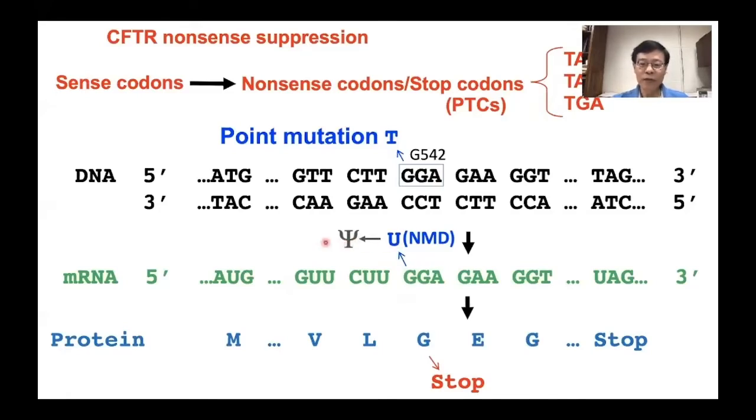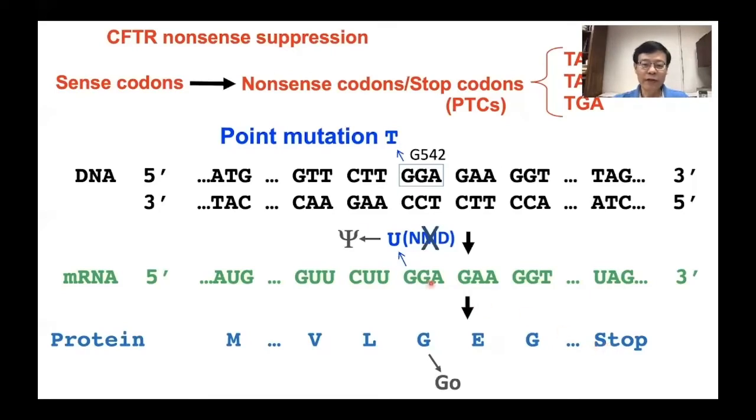This way it can block NMD and therefore accumulate messenger RNA, and allow the ribosome to go through the modified nonsense codon and continue until it hits the normal stop codon. So we can restore full-length protein this way.